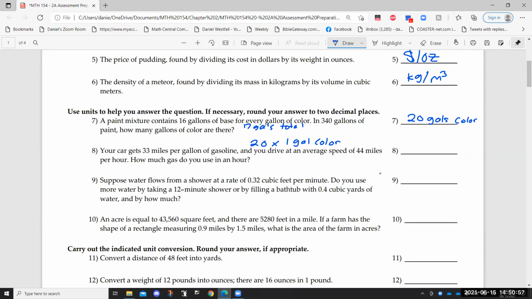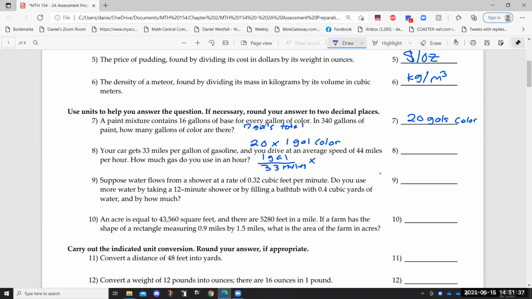Get 33 miles per gallon of gasoline. Drive an average speed of 44 miles per hour. 33 miles per gallon. No, this is upside down. With 1 gallon, 33 miles.